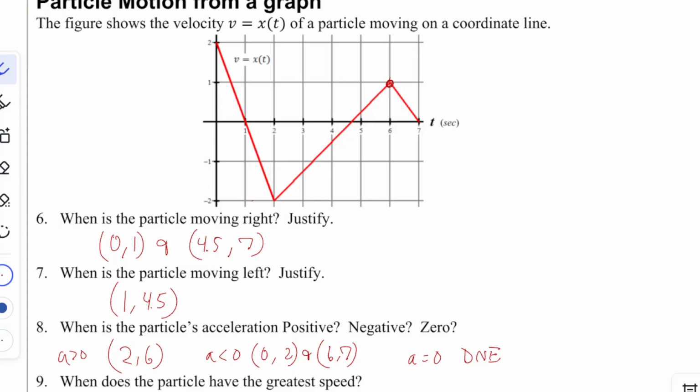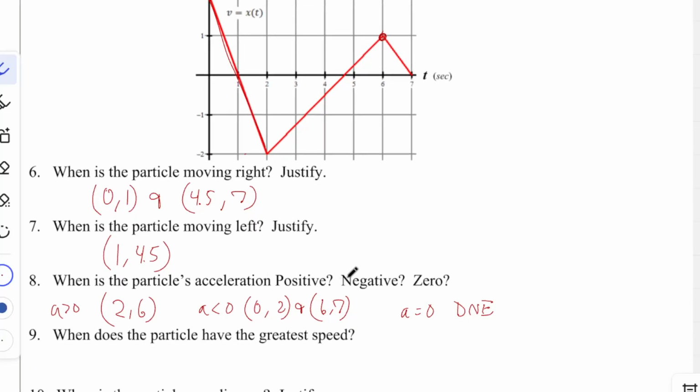When does it have the greatest speed? So it looks like this is the greatest slope if we're not accounting for the sign. This is the lowest speed, I guess, because it's a negative 4/2. It's a negative 2, whatever units is the velocity here.